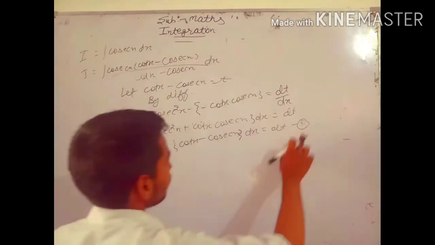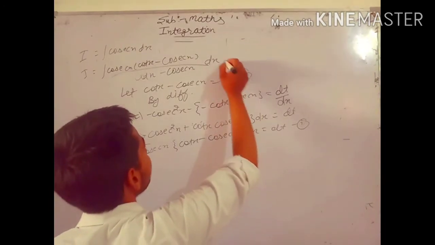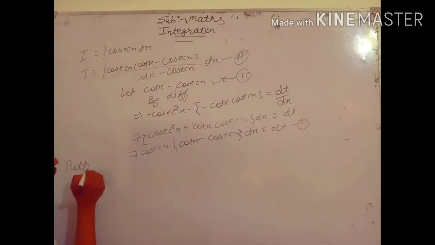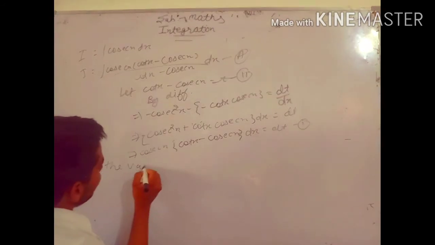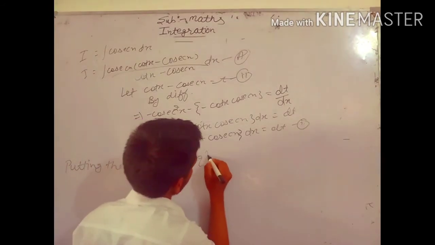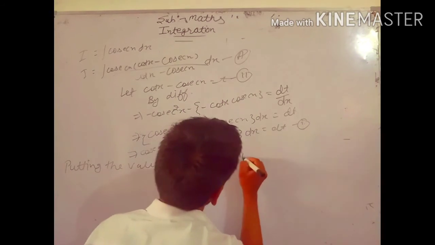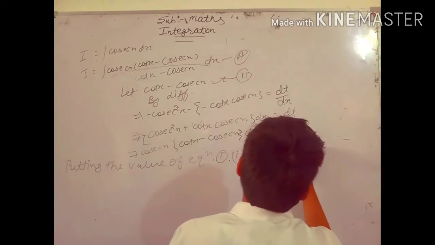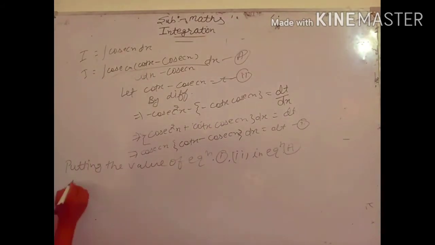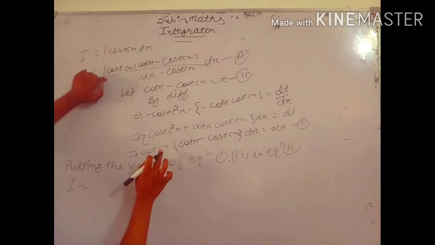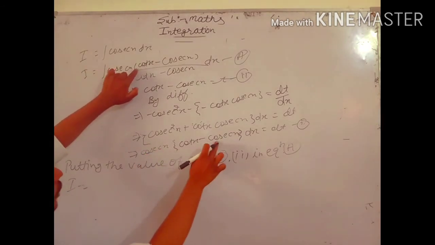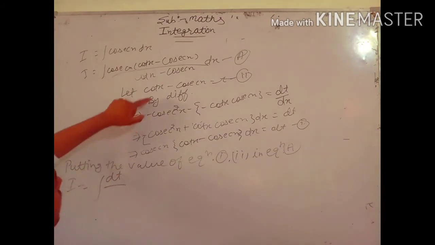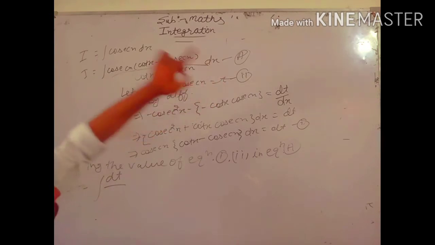Call these equation first, equation second, equation a. Putting the value of equation first and second in equation a, I is equal to the integral of cosec x (cot x minus cosec x) dx, which is dt upon t by equation second, since cot x minus cosec x is equal to t.